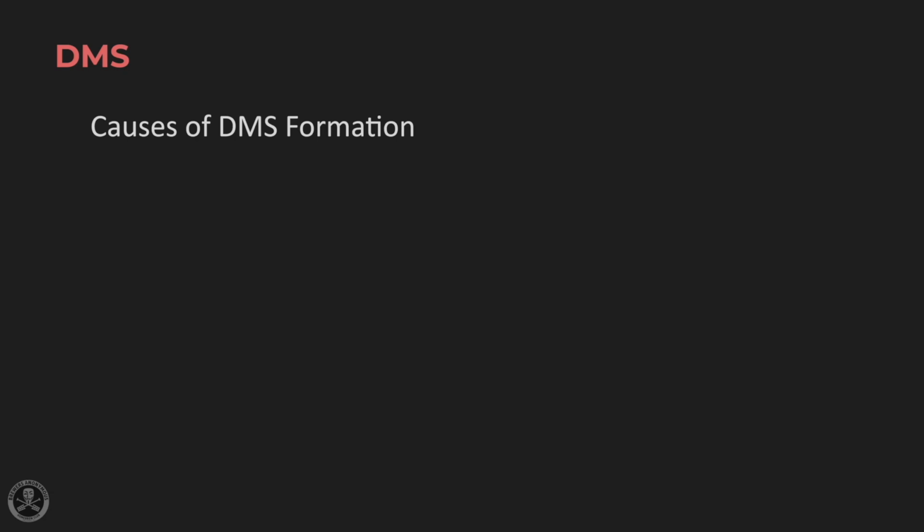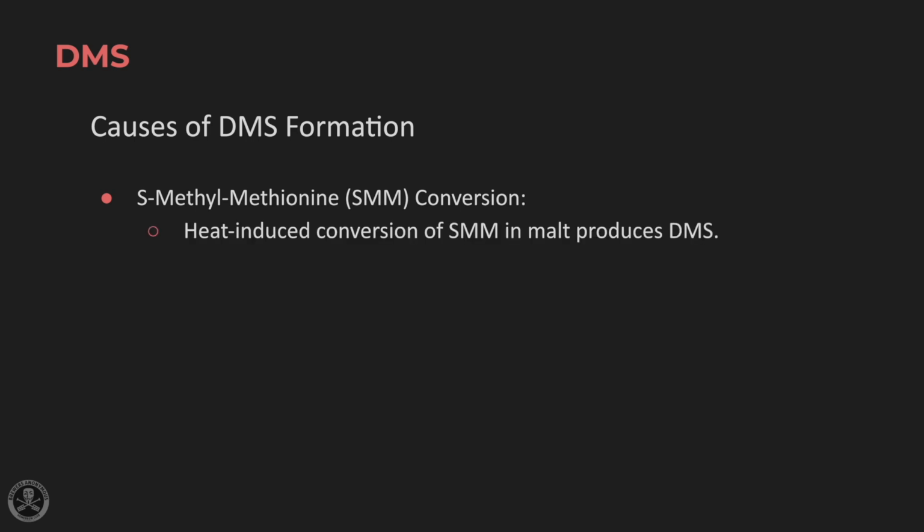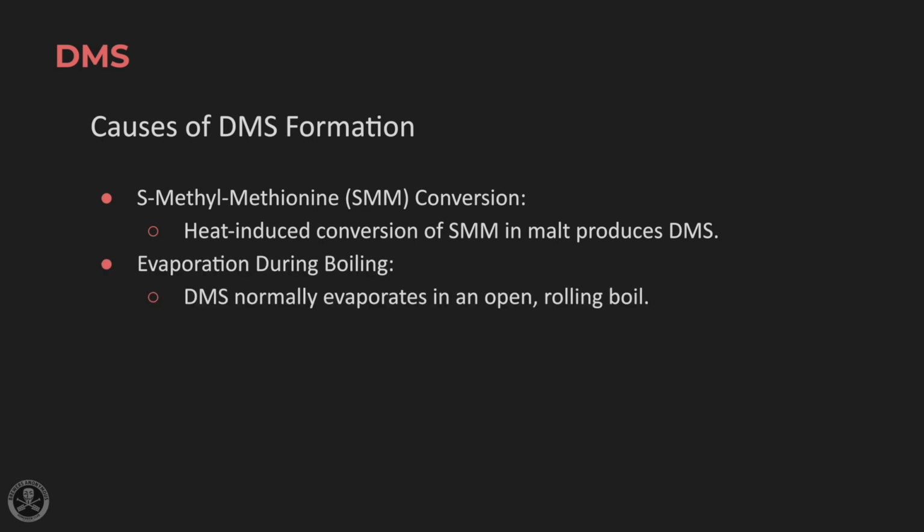Looking at some causes of DMS formation in beer, most of it starts with the precursor conversion of SMM. SMM is in the malt, and conversion is heat-induced. It's formed during the mash and boiling process. It typically evaporates in an open rolling boil. There are some factors that can affect that typical process that leave DMS behind.